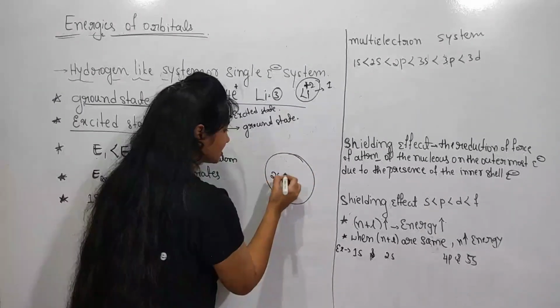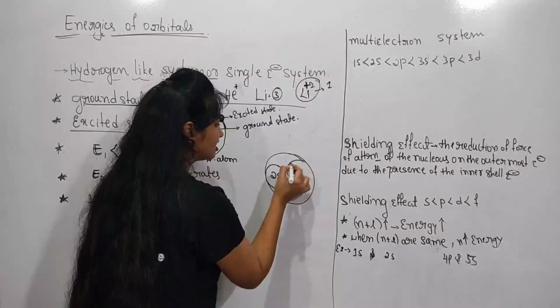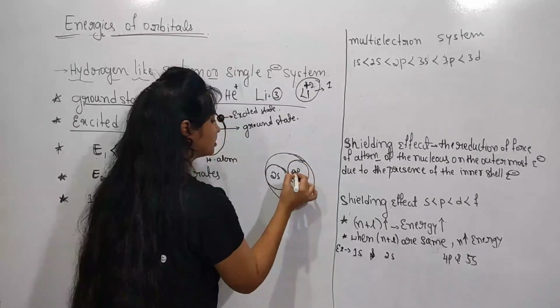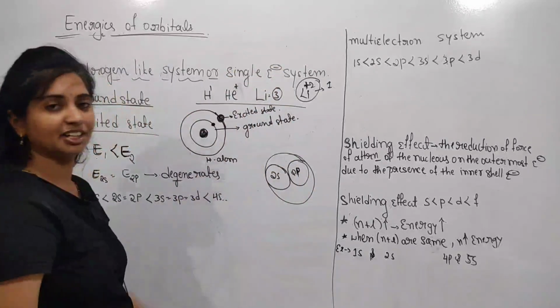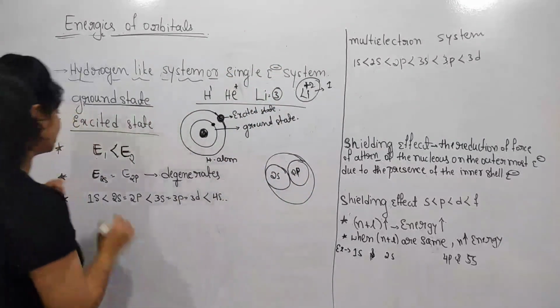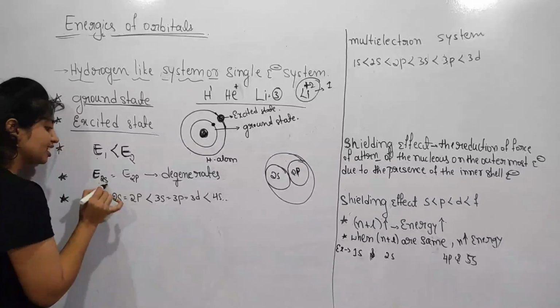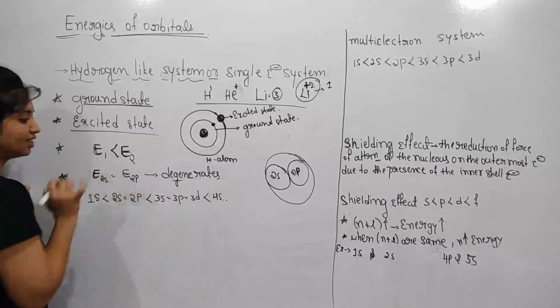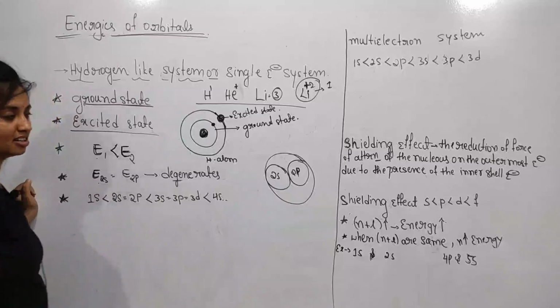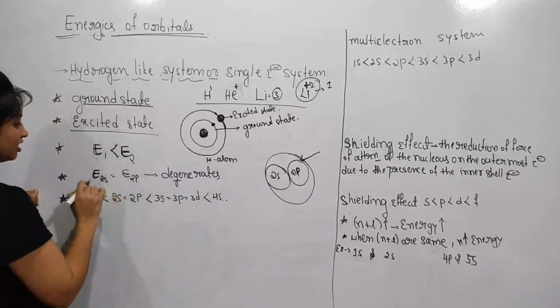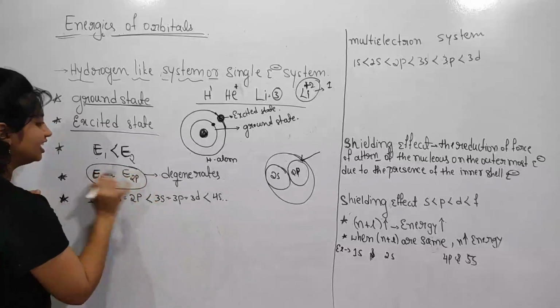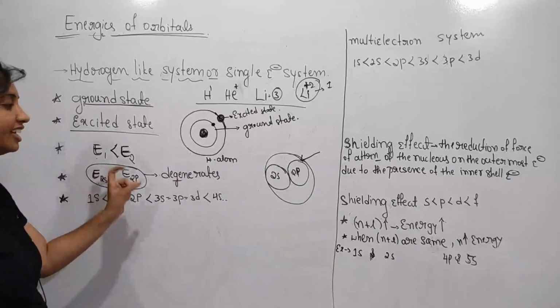So the 2s orbital is equal to the 2p orbitals in energy. This is applicable only for a single electron system. The energy level of the 2s orbital is equal to the energy level of the 2p orbital. This is called a degenerate state.